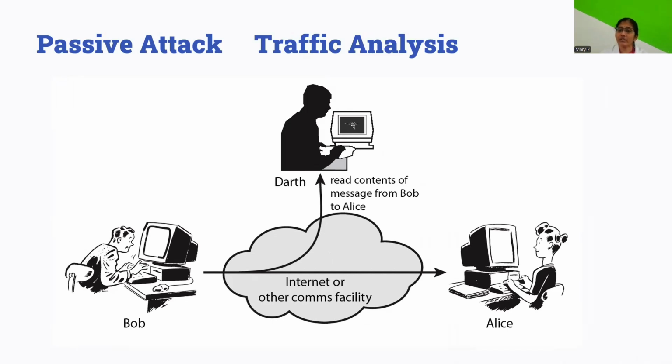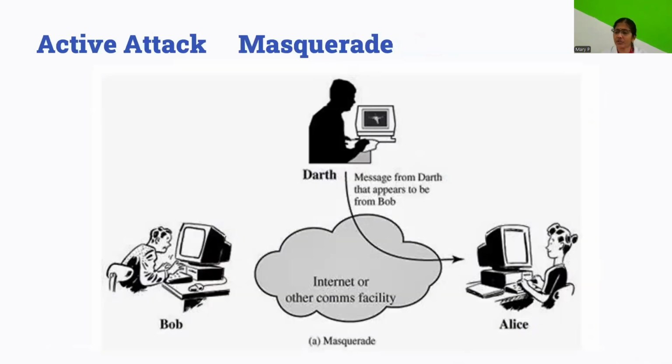In traffic analysis, the person's aim is to analyze the pattern from sender to receiver only. So either interception or traffic analysis, the aim is just to know what is going on. That is called a passive attack.